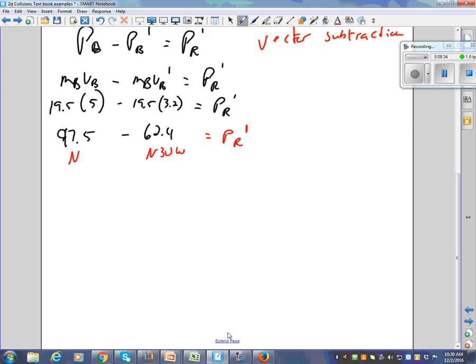So 97.5. This is PBX and PBY. I've got to break it into components. That's how we do vector subtraction, right? Break it into components. We're fortunate in that there is no x component for PB. It's 0. What is PBY? 97.5.